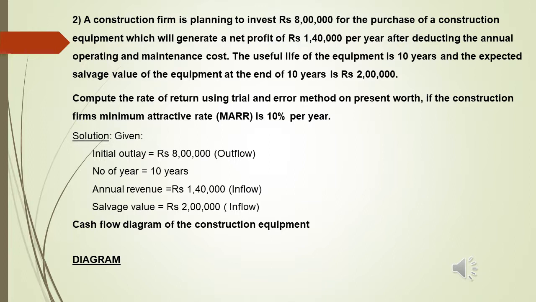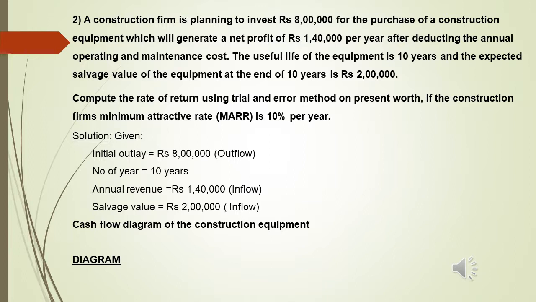So you have to compute the rate of return using the trial and error method on present worth, if the construction firm's minimum attractive rate of return, that is MARR, is 10% per year. Please write down what is given. Initial outlay is 8 lakhs, and its arrow is coming down in the diagram.